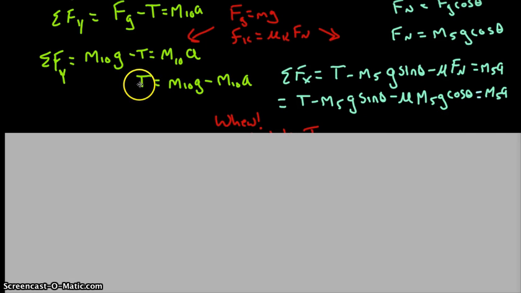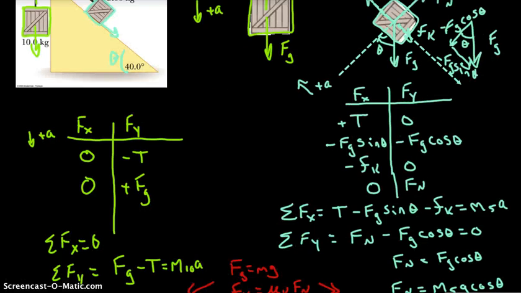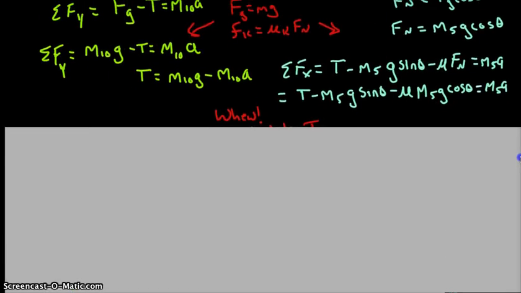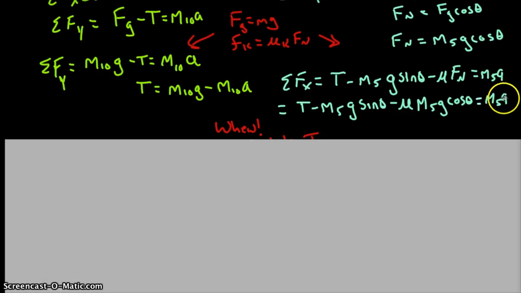But if we're going to solve for the tensions and the accelerations, the things that we don't know, we don't know the accelerations here and here, and we don't know the tensions here and here. So what we have to do is substitute in for T, to get rid of one of those unknown variables.